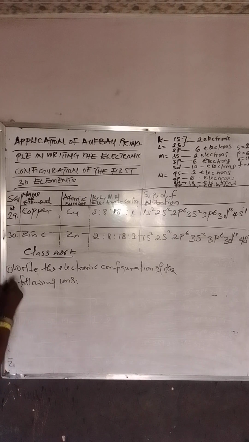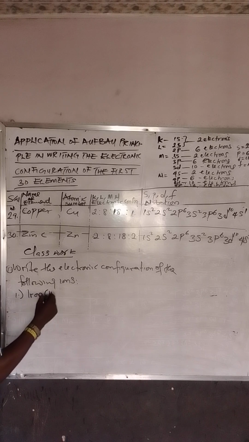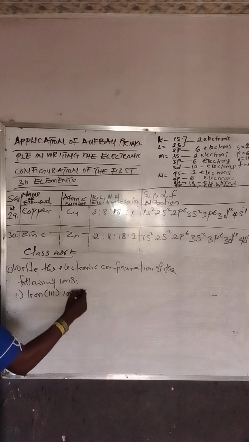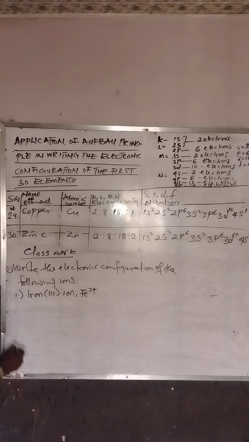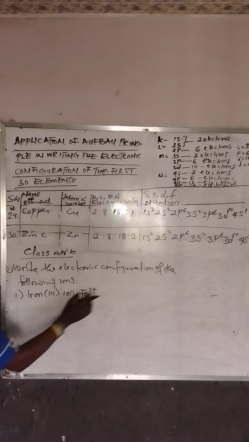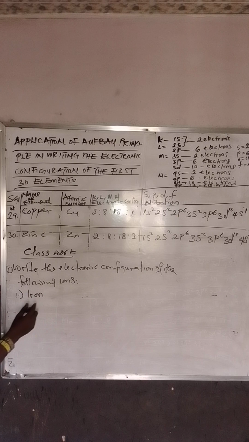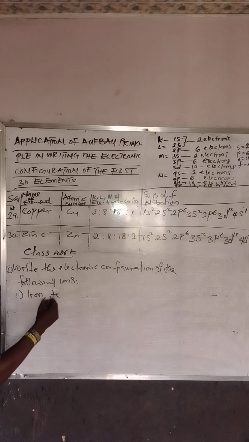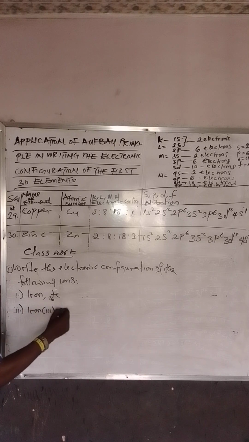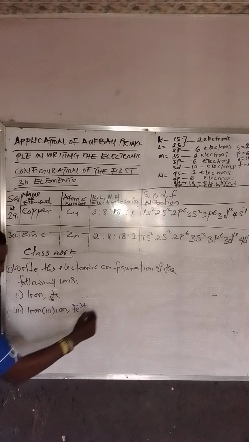Number 1, they say iron, Fe26. Then number 2, they say the iron 3 ion, which is Fe3+.